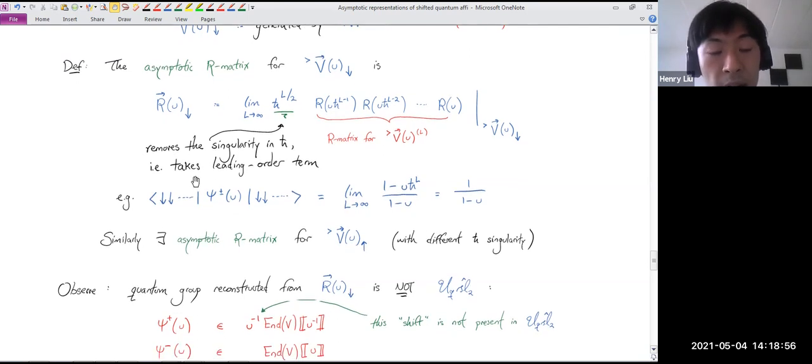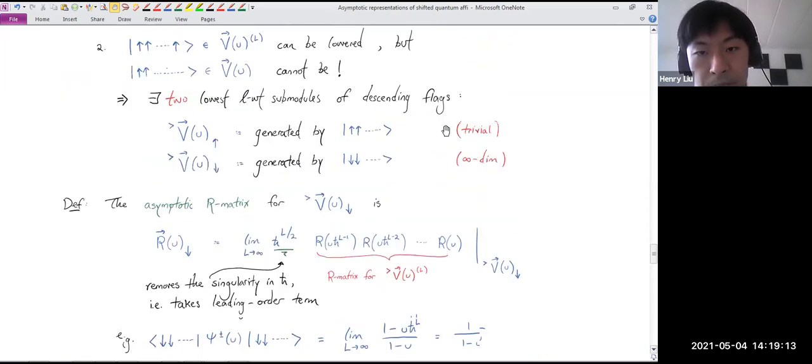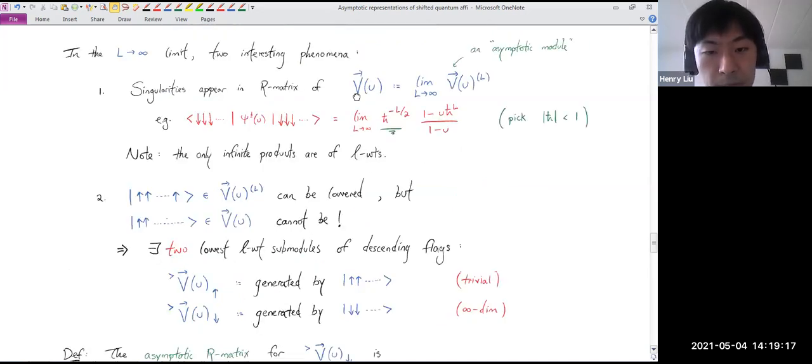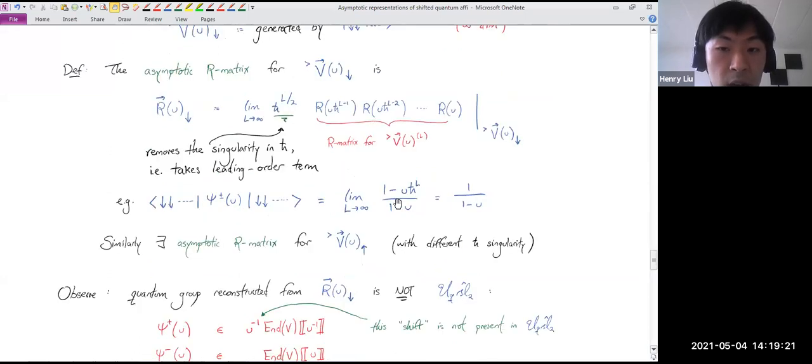So as an example, what's the loop weight of this infinite vector of all down arrows? It will be exactly this expression we wrote down earlier, without the singularity. So it'll be this product again, oh, I guess I've simplified it already.